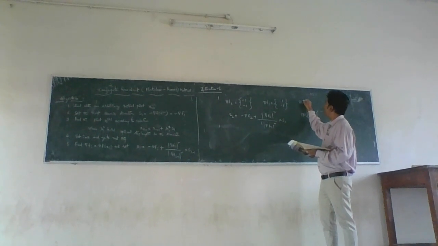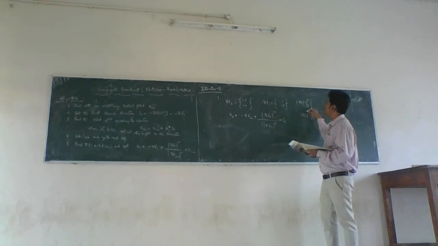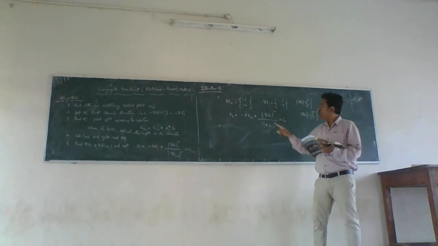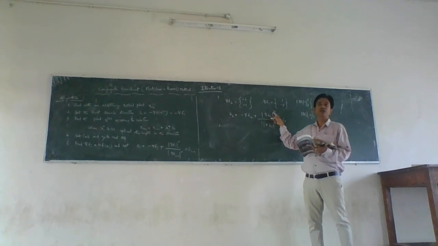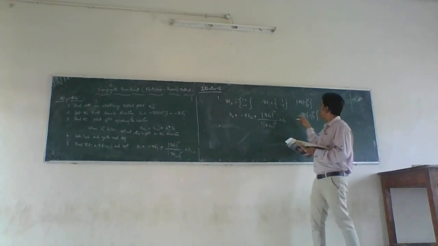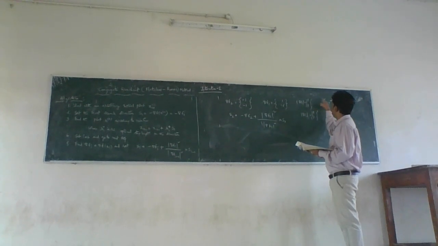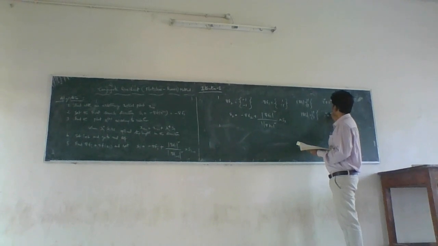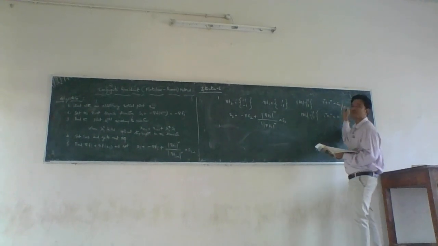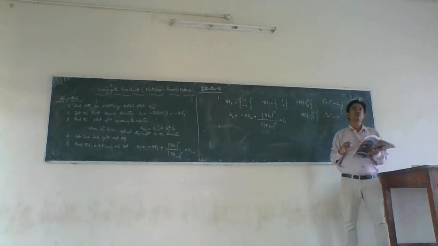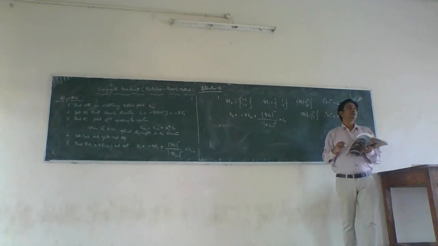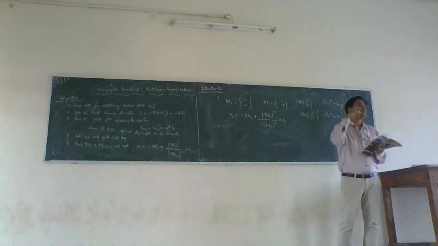Similarly, mod del of 1 will become 1 1. Now, whole square. How to calculate whole square? Whole square is nothing but squares of the individual ones: square plus square. Similarly, square plus square. Del of square means individual element squares.